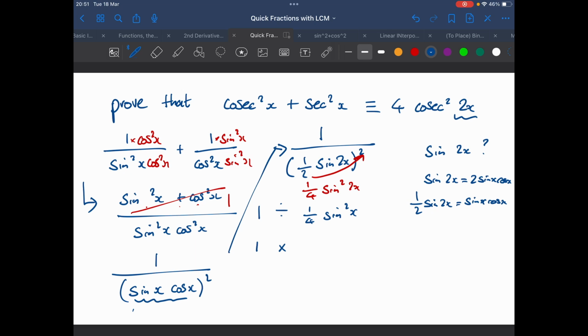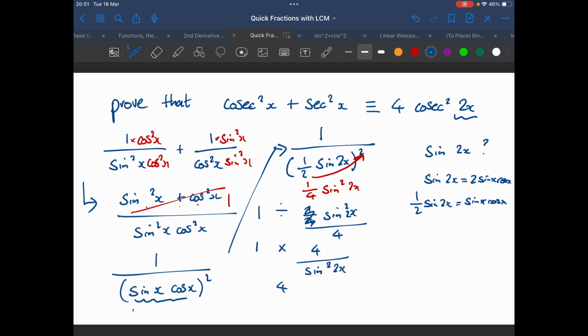So not the easiest one to do. Maybe if I put the 4 in there, it might be slightly easier to see. So 1 multiplied by 4 over, I forgot my 2 there, 4 over sine squared 2x.